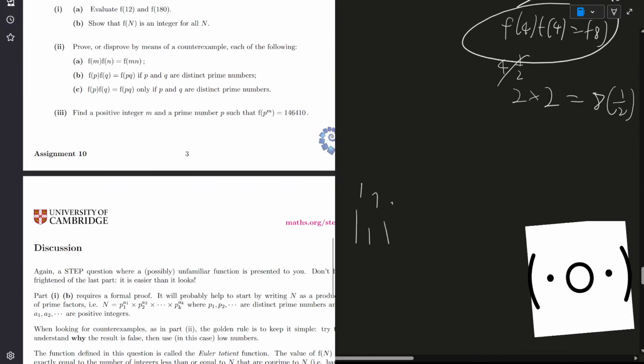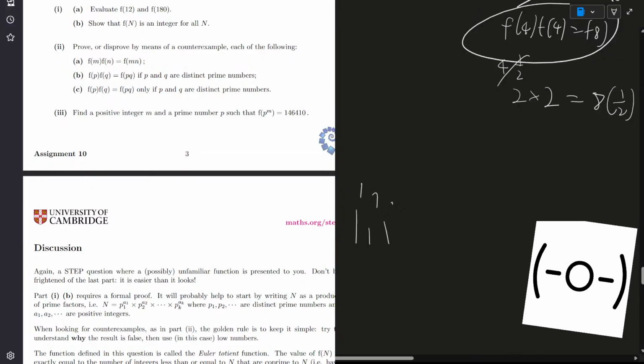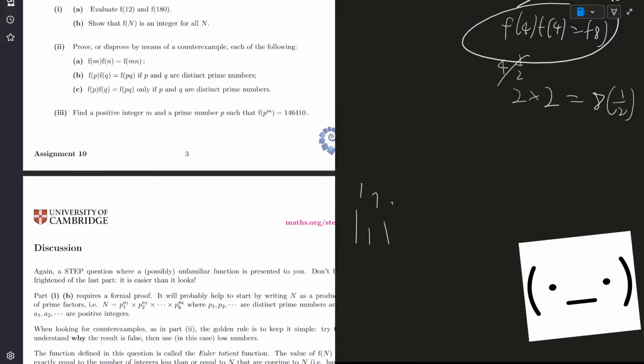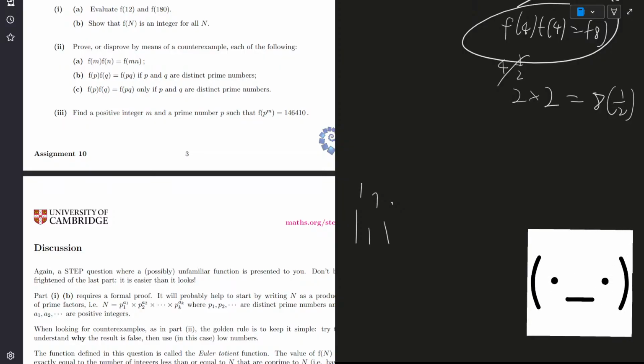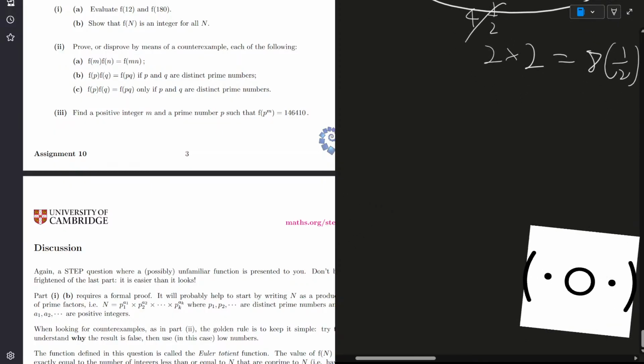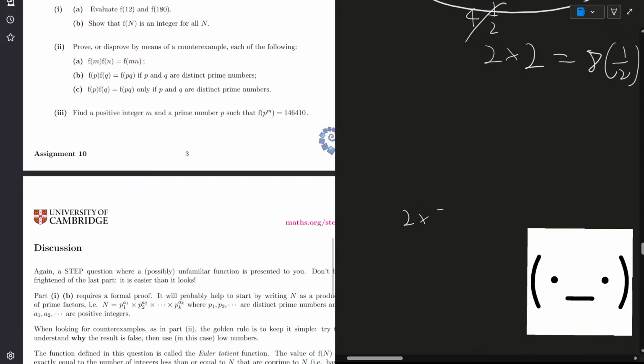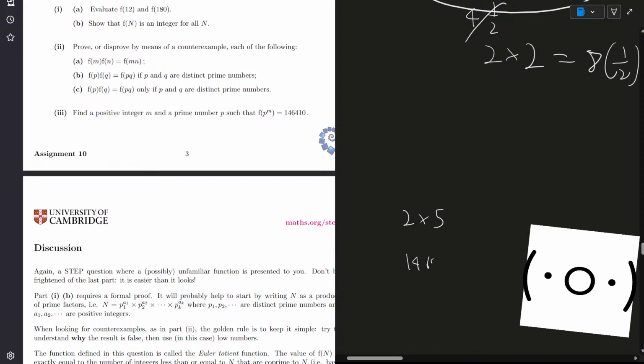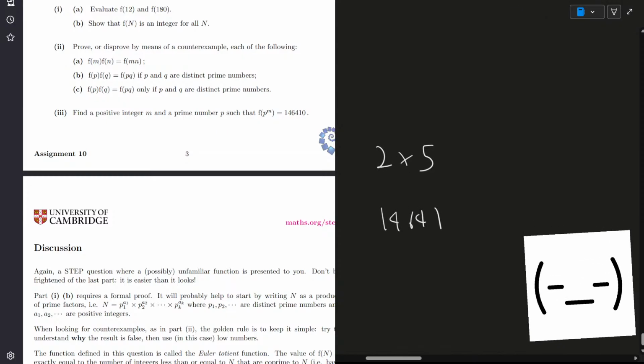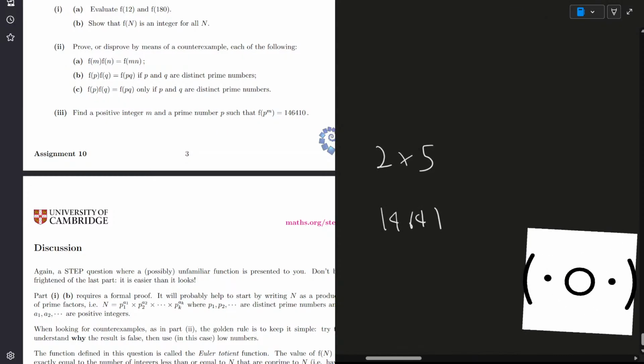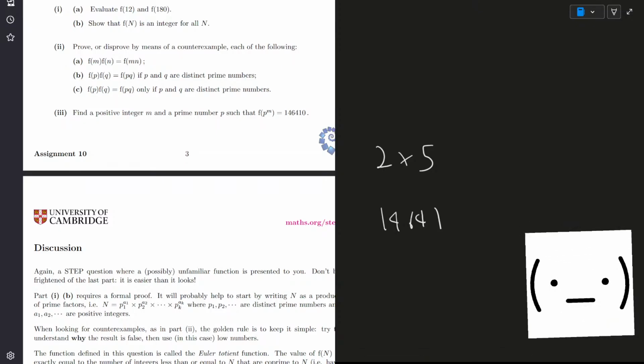Okay, moving on. Find a positive m and a prime number p such that f m p equals all of that. I think we would benefit from finding out what this one's prime factors are. So let's go through the classic list. 7 is out.